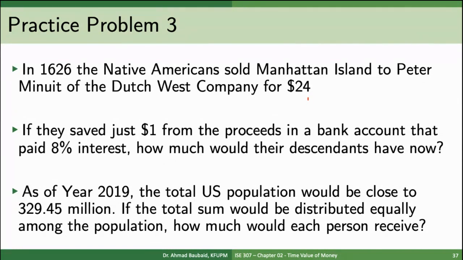And then it asks another question: in the year 2019, the total US population was about 330 million people. If you take the amount that you would get had you invested $1 from 1626 all the way to today, and divide it equally among the population, how much would each person receive?